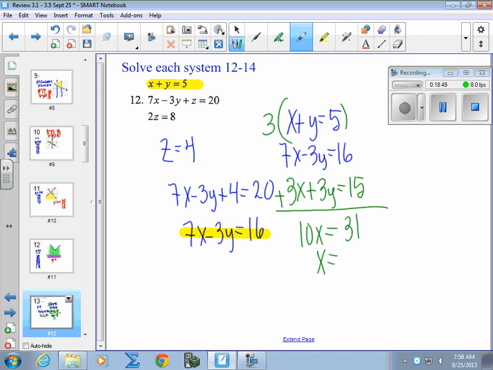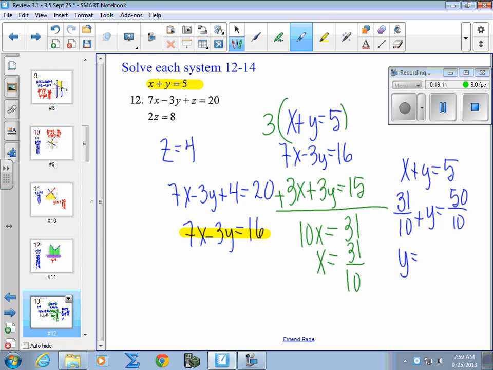So x is equal to 31 over 10. You would then take that answer and plug it back in the first equation. So I have x plus y is equal to 5. So I have 31 tenths plus y is equal to 50 tenths. If you're going to do it in fractions, you get y is equal to 29 tenths.